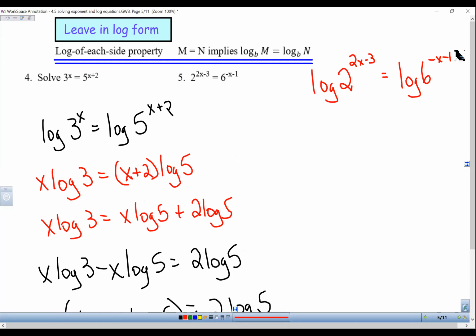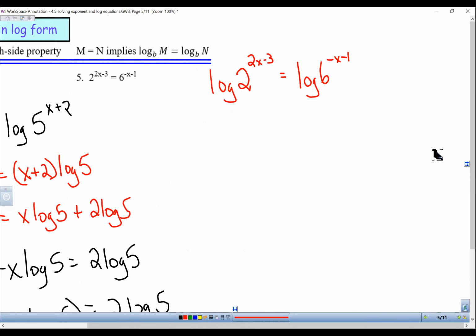We're going to use the power property of logarithms, which says I can bring the exponent out front. So I can rewrite this as 2x minus 3 times log 2 and negative x minus 1 times log 6.